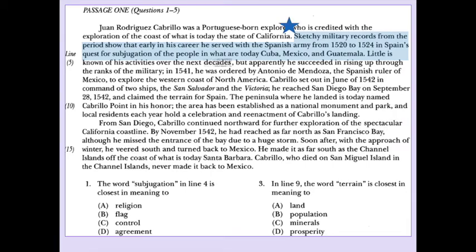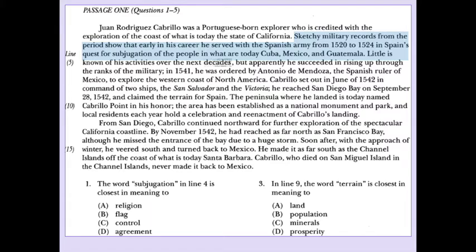Here, sketchy military records from the period show that early in his career he served with the Spanish army from 1520 to 1524 in Spain's quest for subjugation of the people in what are today Cuba, Mexico, and Guatemala.